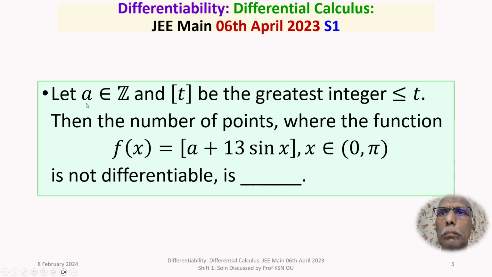We are given a is an integer, [t] denotes the greatest integer function of t. Required to find the number of points where this given function f(x) = [a + 13 sin x], where x belongs to (0, pi), is not differentiable.